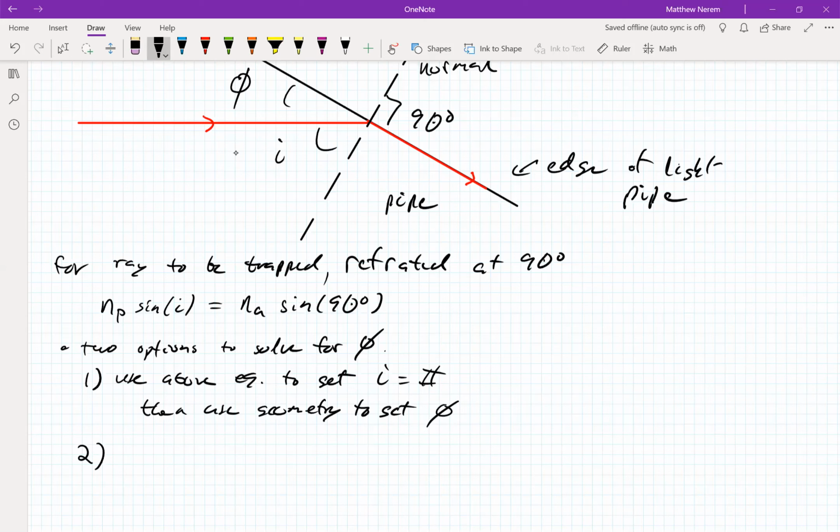Option 2, which is the option we're going to use. Both routes are equal. I just don't feel like calculating the incident angle I, since we really don't need it in this problem. So use geometry to replace I in the above equation.